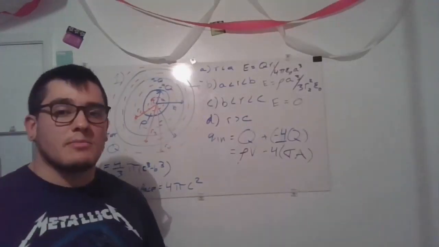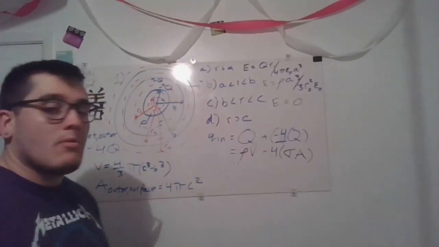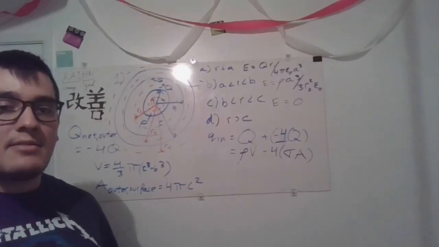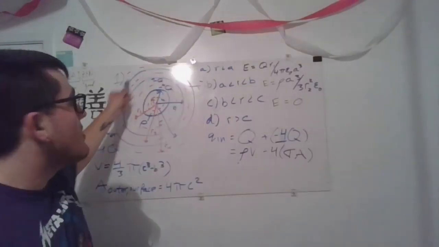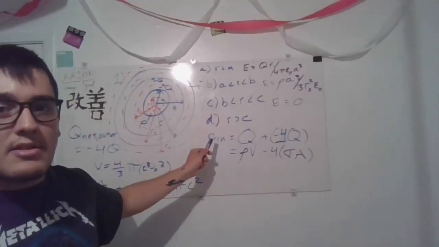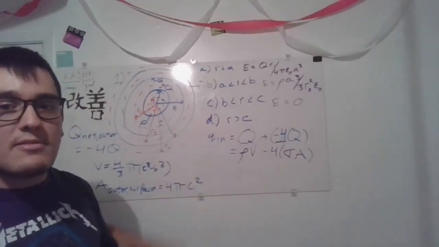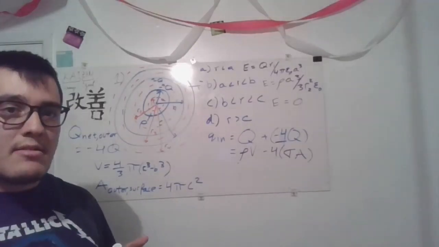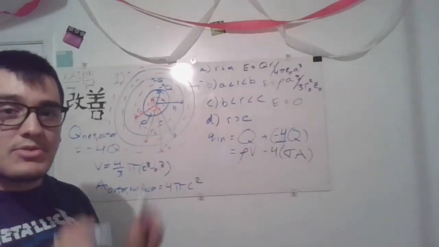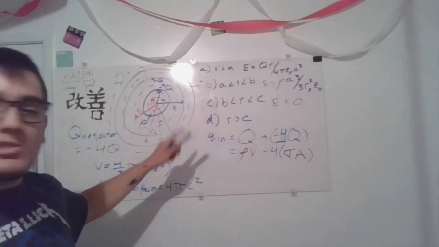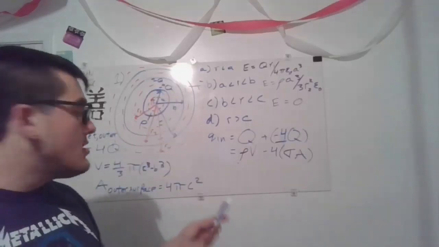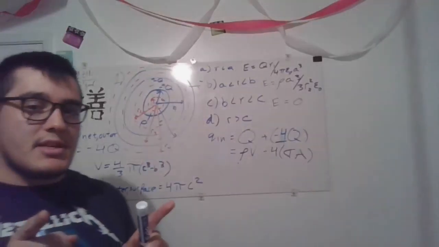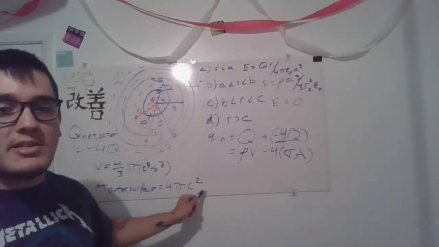Why is it not C squared minus B squared? Well, the simple thing is, where is the charge located? The charge is located on the outside of the conducting sphere. So I have to use the area where those charges are. If the charges were on the inside, I would use 4 pi b squared, but they're not on the inside, they're on the outside. So 4 pi c squared.